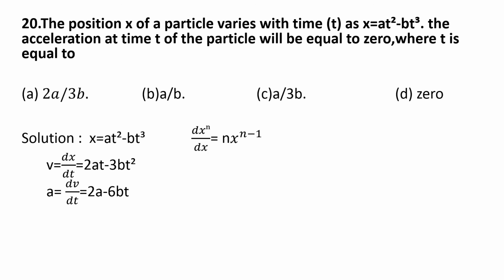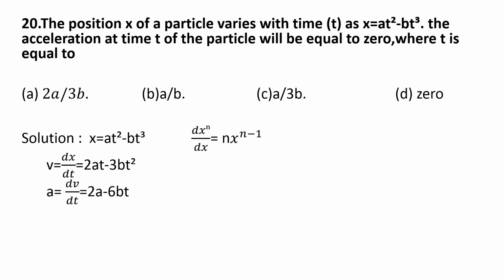While differentiating, 2at becomes 2 into a into t to the power 1 minus 1. So t to the power 0, t to the power 0 means 1, so you get differentiation of 2at as 2a, minus differentiation of 3bt square, which gives 3 into b into differentiation of t square, that is 2 into t to the power 2 minus 1, means 2t to the power 1.